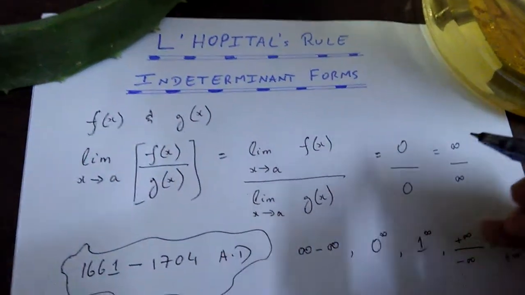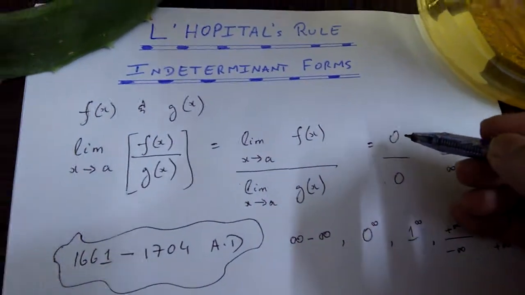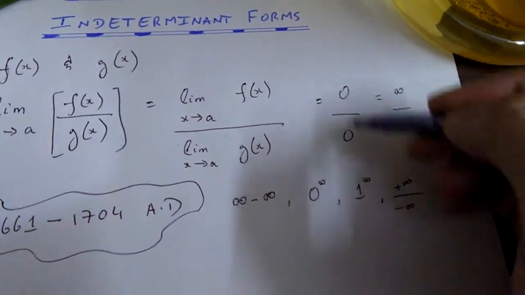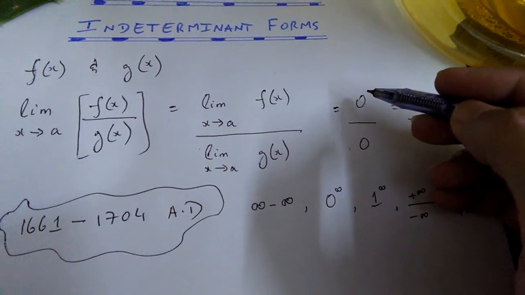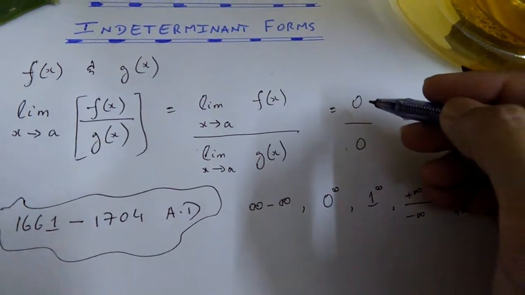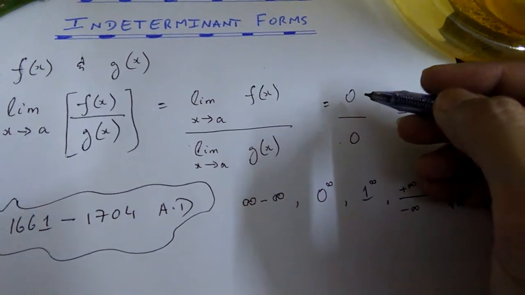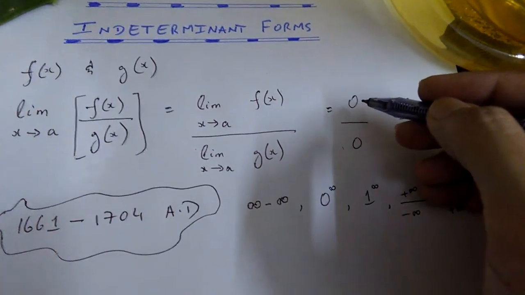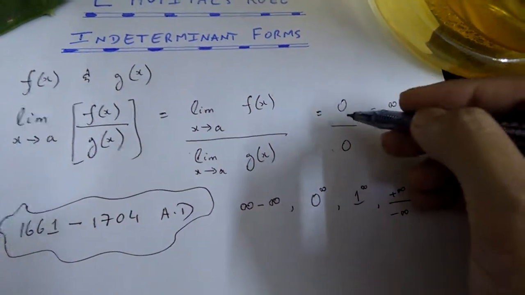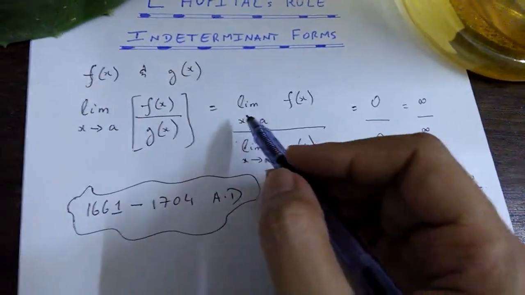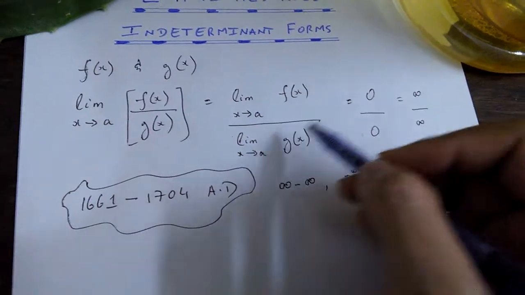In this video, I am just going to discuss the 0 upon 0 indeterminate form, and we are going to discuss an example through which we will be able to better understand the concept and how to handle such a form. What we do here: we keep on applying the limit and keep on checking.